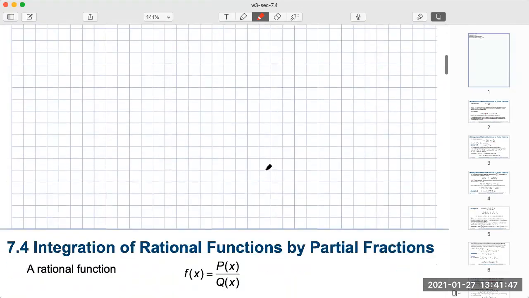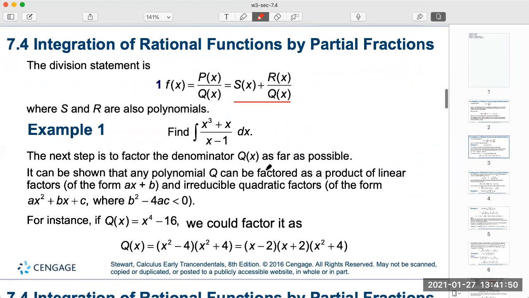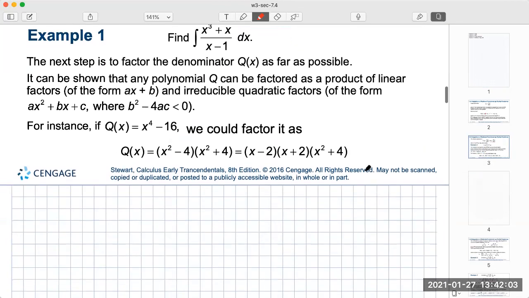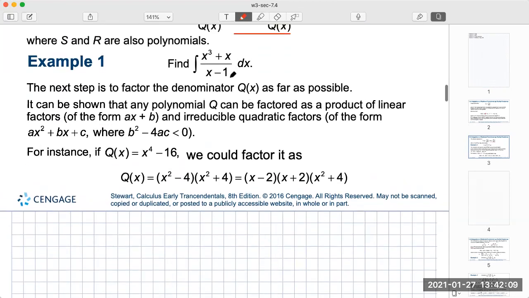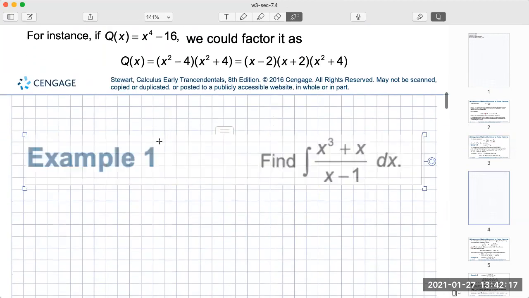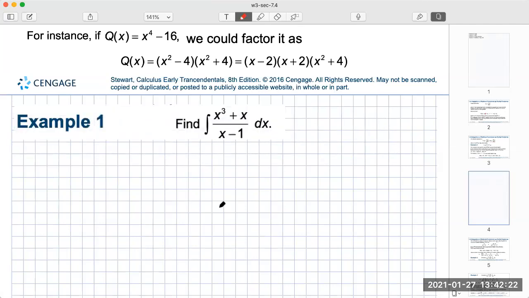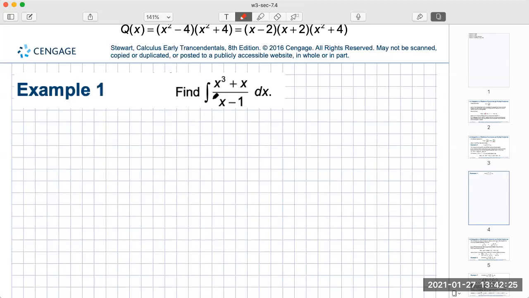So now let us go to details. First, suppose we are given this example. Example 1. We want to find this integral.